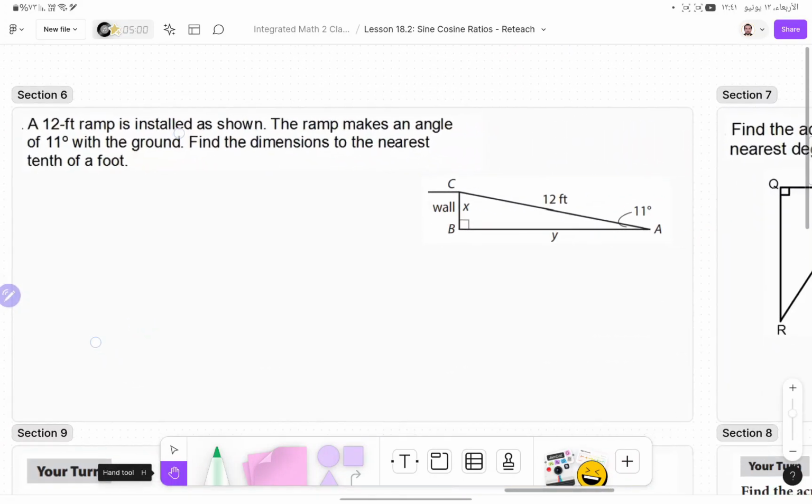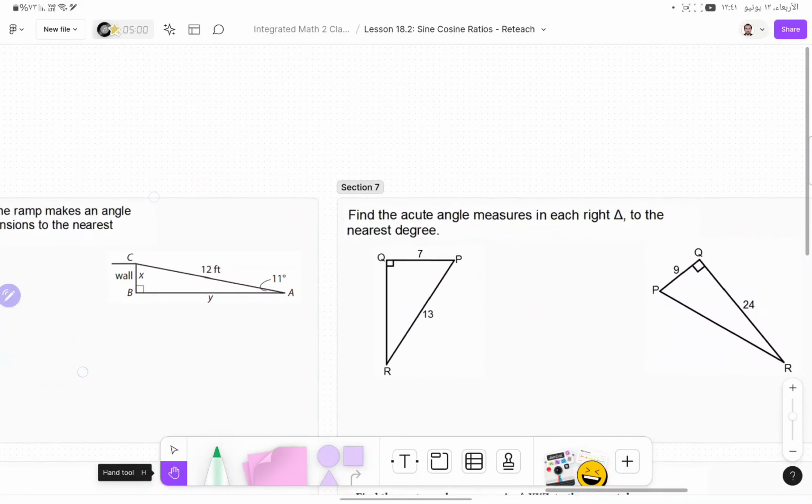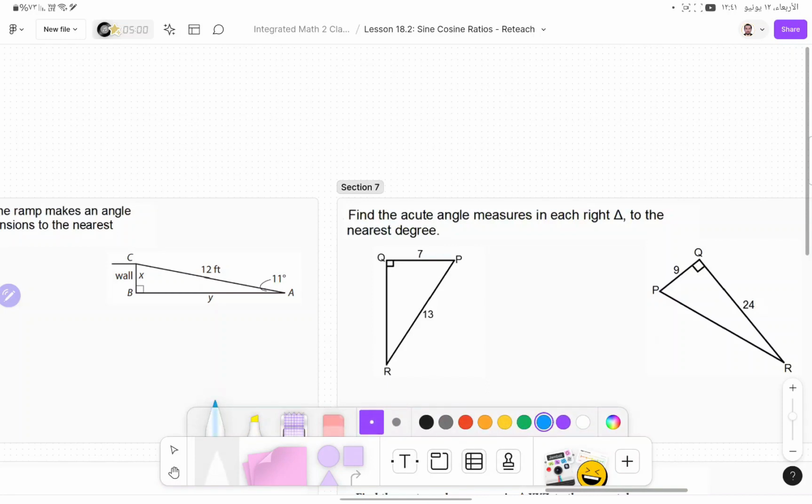Now let's go to this type of questions. Let me differentiate between these two types of questions. The same thing that I explained for the tangent works here for the sine and cosine. When the question asks you to find a side, you have to use one of the trigonometric ratios, sine, cosine, or tangent, and you write the given angle equal to the two sides.